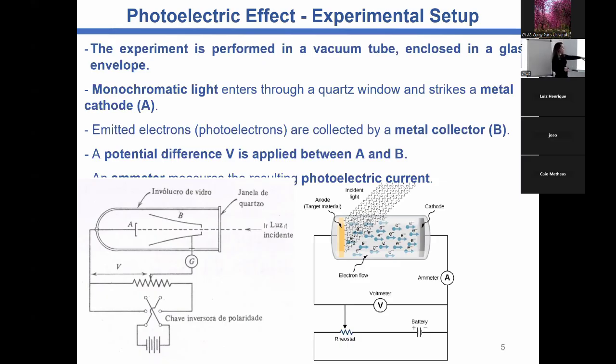This chamber is under vacuum, so it means that we don't have any atoms in the chamber, and we have one anode that is a golden anode, for example, or another metal, and this anode will be interacting with the light that will be put on the metal.